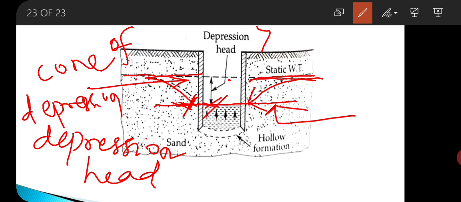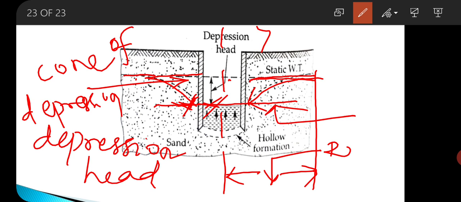and at a certain distance from the well, there is no appreciable depression of water table. For example, this is the center of the well, and from the center of the well, the point where there is no depression of the water table is called radius of influence of the well.